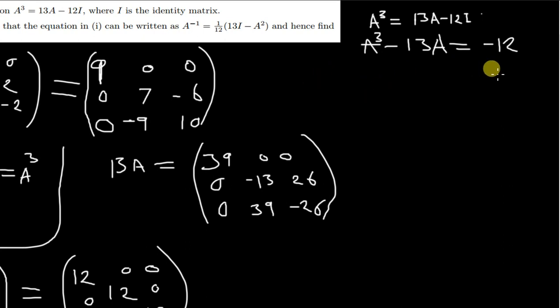I'll divide by -1, so meaning I'm going to have 3a this side, and then minus a to the power 3 being equal to 12. Then from there I'll factorize the a. Oh sorry, this is supposed to be 13, not 3.